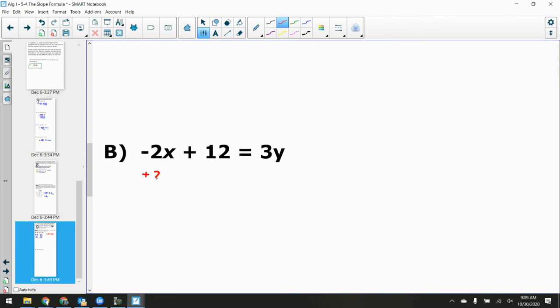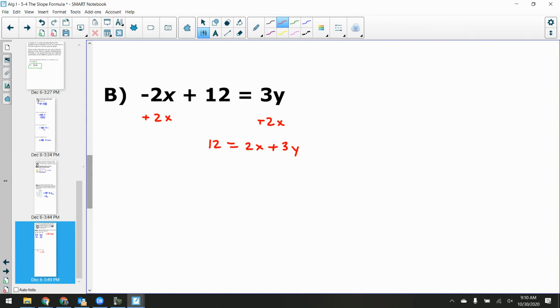I'm just going to add this 2x because I've just got to get the x and y on the same side. So this is 12 is equal to x comes first, y comes second. If I really wanted to visually see x and y on the left side, I say 2x plus 3y is equal to 12. Flip everything on either side. And now it's in standard form.